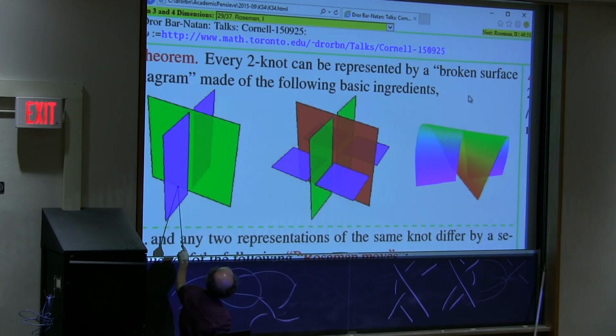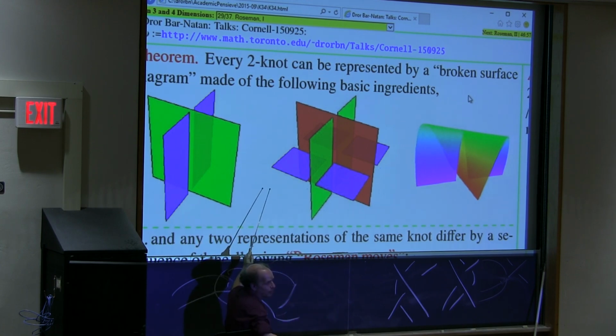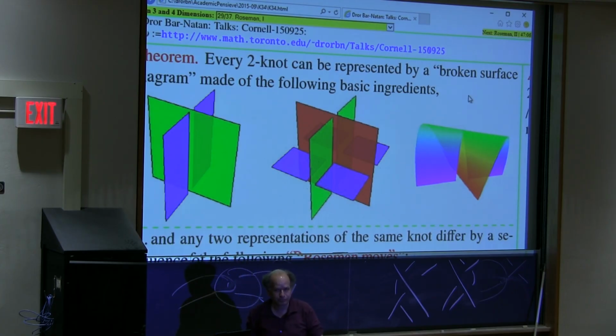So green is above blue in this case. Or there is something that didn't occur 1 dimension down, and this is that 3 planes can intersect at a point. So here in the middle there is a point where the 3 planes intersect.